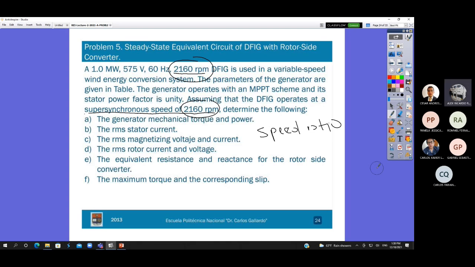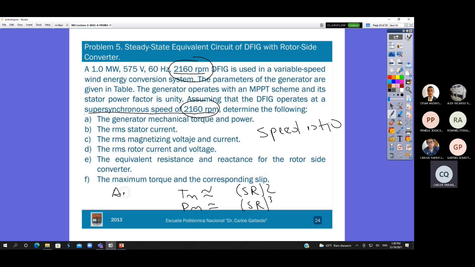The speed ratio. Do you remember we have two methodologies in order to compute the mechanical torque and the mechanical power? In the first case, it is proportional to the speed ratio squared. In the second case, it is proportional to the speed ratio cubed.